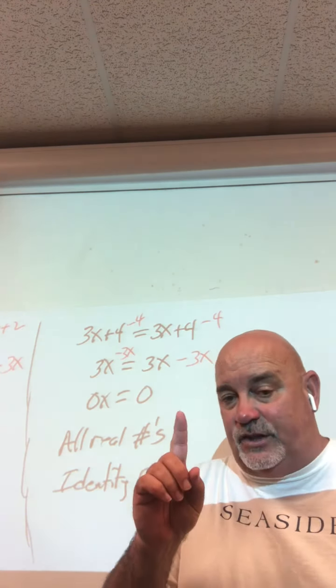But all of the ones we've worked up until these two, you've had one solution, and they're called conditional equations. So if your variable goes to 0, the answer will either be no solution, if it's 0x equals some number, or all real numbers if it's 0x equals 0. All right, in the next group of problems, we're going to start and make the equations a little bigger on each side.